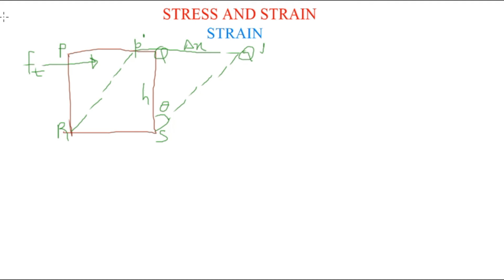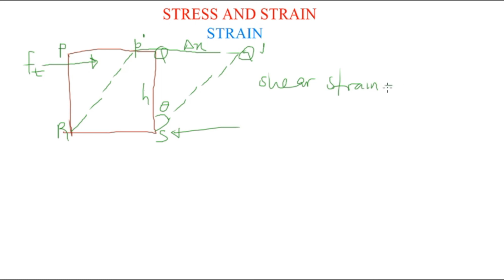Then such tangential force in a unit cross-sectional area will give rise to the shear strain. This force causes points P and Q to be displaced through delta x to points P prime and Q prime respectively, at the angular displacement theta. Let the change between Q prime and Q be equal to delta x.